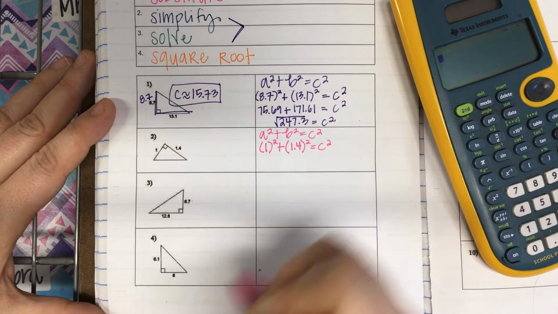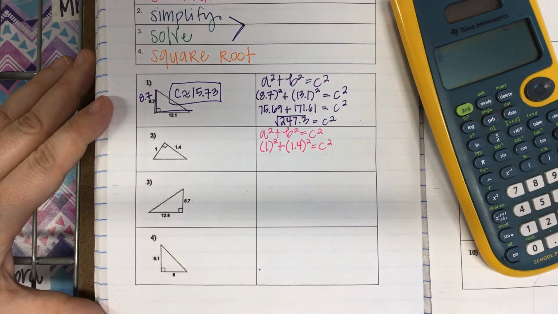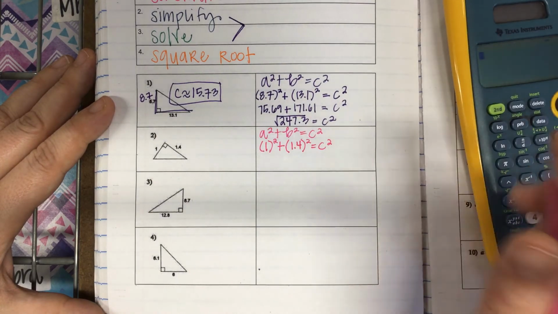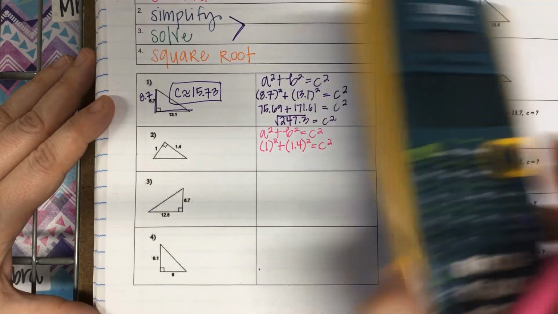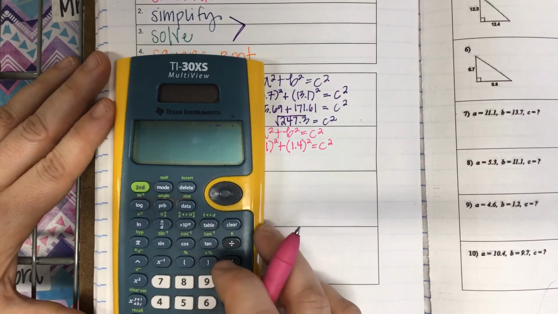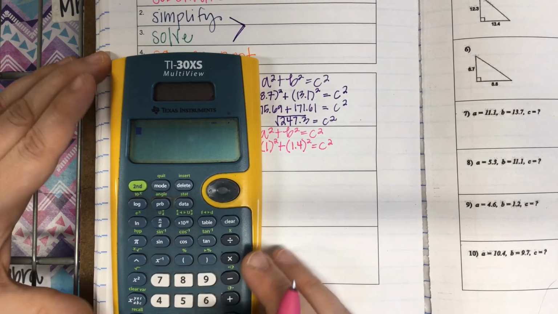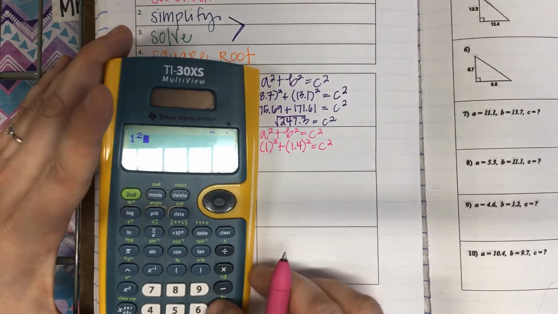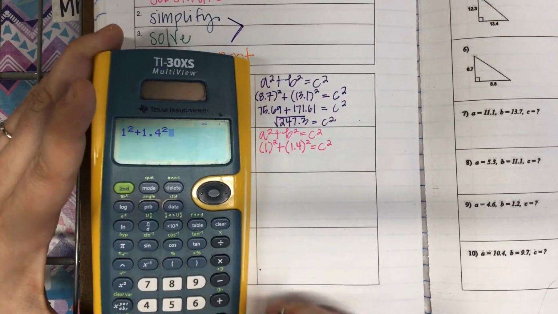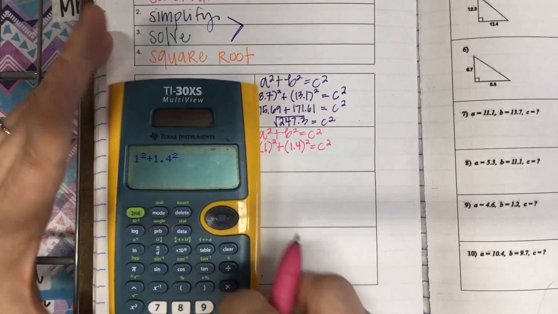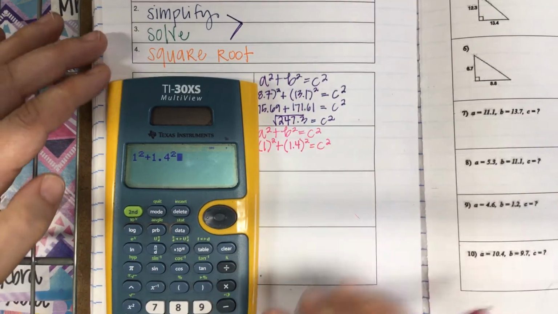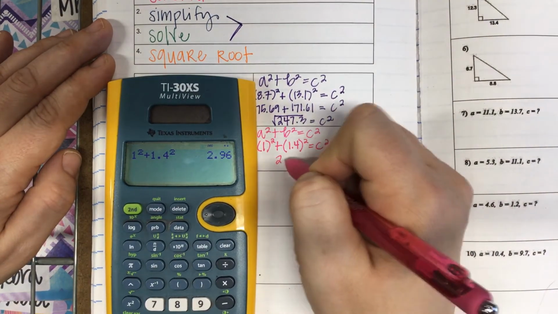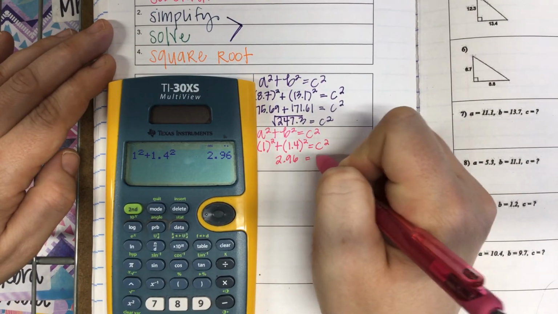Equals c squared. Substitute. Simplify. You're going to need a calculator today. Make sure you've got it. I'm going to do 1 squared plus 1.4 squared because I can do them together since they're on the same side of the equal sign. 2.96 equals c squared.